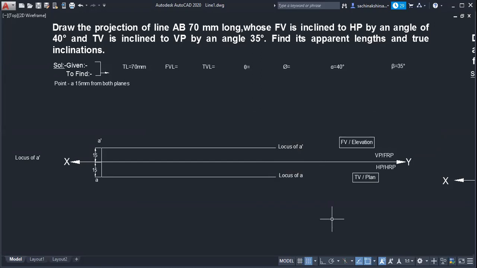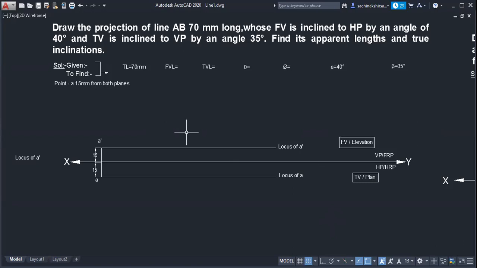Which things are given? True length is given, angles alpha and beta are known, which are apparent angles. Which can we utilize one by one? First, alpha. Where do we have to mark alpha? In VP, above the XY line or below the XY line? Above the XY line. What is alpha?